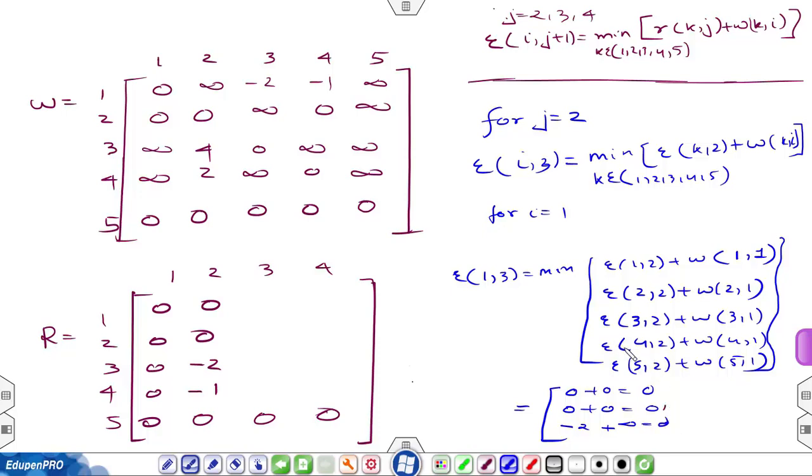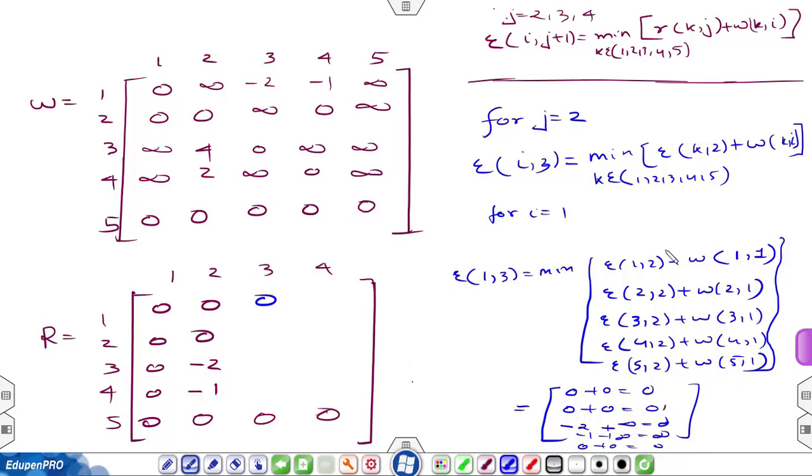Next is R of 4 comma 2, that is minus 1, plus w 4 comma 1, so minus 1 plus infinite is again infinite. And R of 5 comma 2 is 0 and w 5 comma 1 is 0, so 0 plus 0 gives 0. So the minimum is 0.